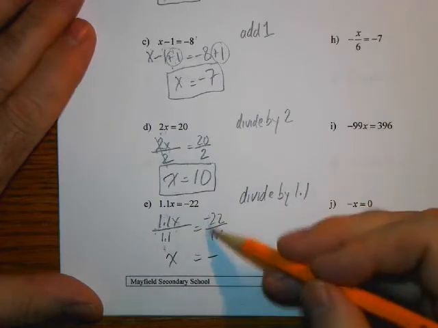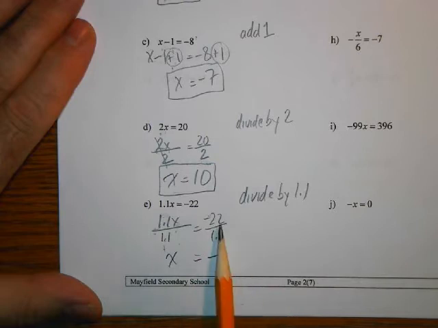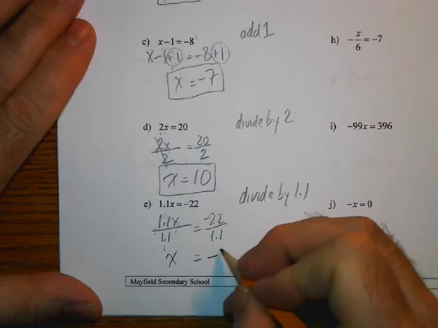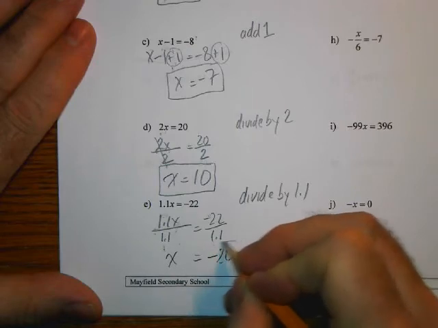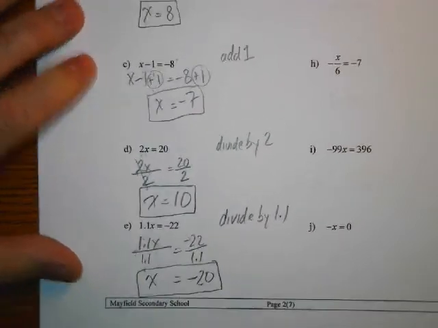That's the same with multiplication, right? If you have a negative and a positive number that you're multiplying or dividing, you end up with negative. Okay, so on the calculator now we can just do 22 divided by 1.1, and we get 20. So the answer overall is x equals negative 20. And again, you could plug that back in, see if it's correct.